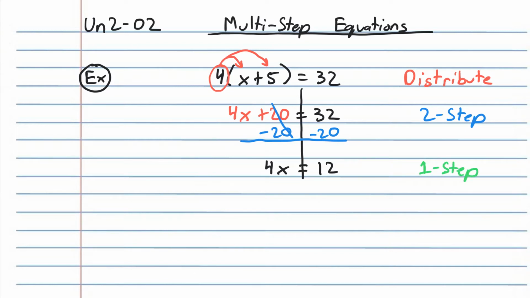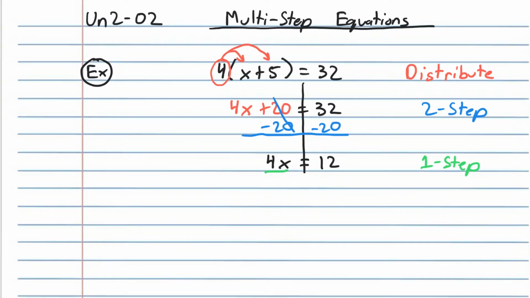As you can see, we start at an equation that looks a little more complicated, but each time we do something, it gets a little bit easier along the way. We went from a distribution, then down to a two-step equation, and now we're down to a one-step equation where we have to get rid of that 4. Remember, when it's attached like that, 4x, that's multiplication. So we're going to get rid of the 4 by dividing.